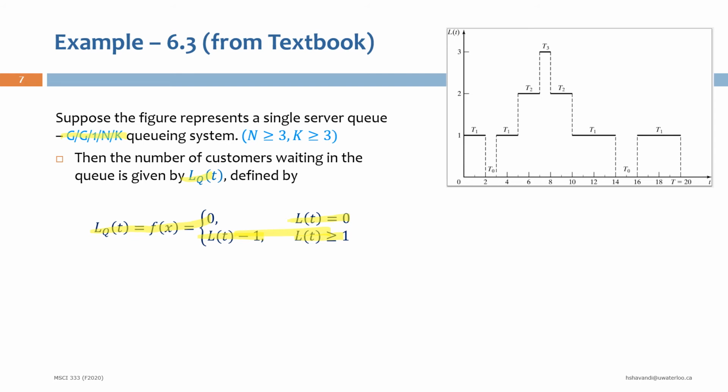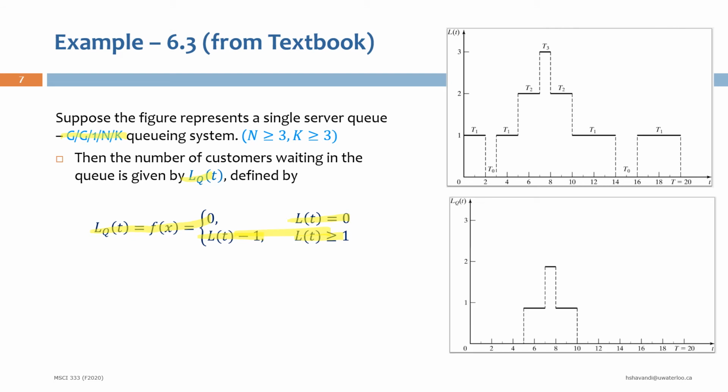Okay, so if we subtract the quantities by 1, then we will have this graph. As you see here, this is for LQ(t). The first one is for L(t), the second one is for LQ(t).